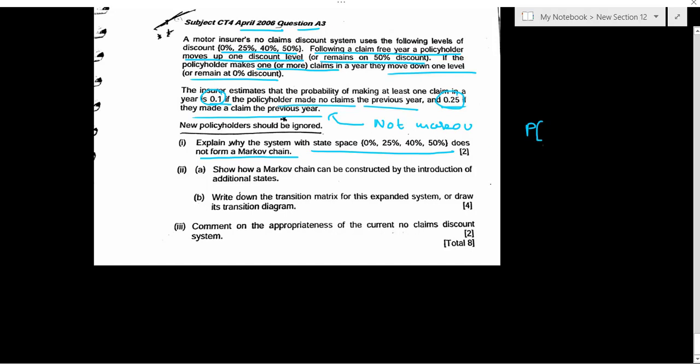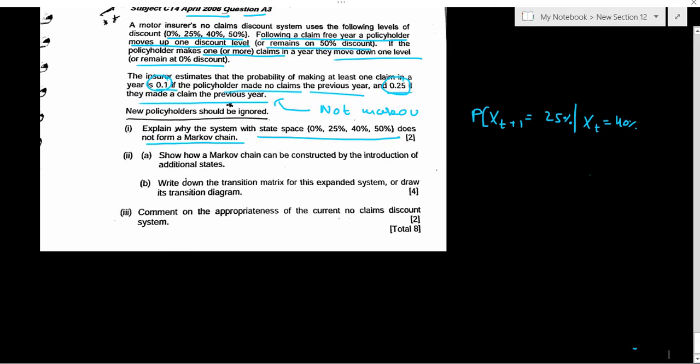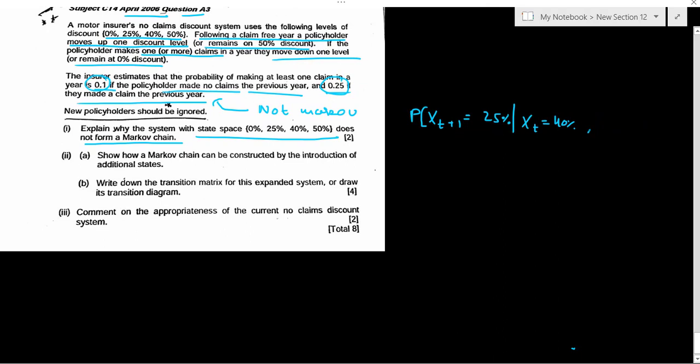So just to prove this, you can write a contradictory example: the probability that X(t+1), that is the future state (if t is the present time, t+1 would be the future state), is equal to, let's call it, 25%, given that X(t) was equal to 40%, that is you were on a higher level of discount, so you made a claim this year, and X(t-1) was equal to 50%, so you had also made a claim last year.